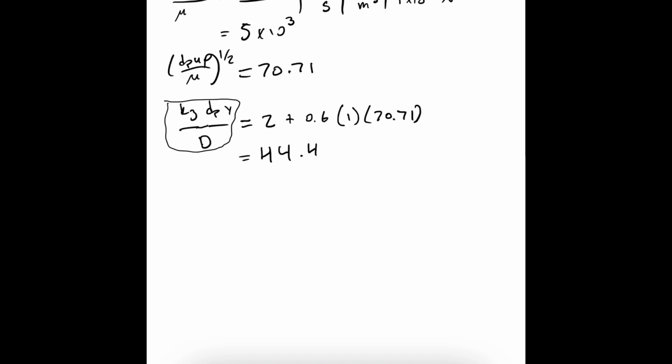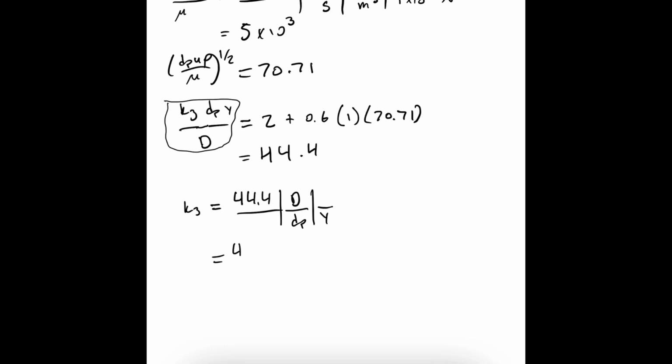kg's units are. If this group equals 44.4, then we know that kg is 44.4, dimensionless, times D divided by dp. If we plug in these units, we're going to get what the units of kg are.